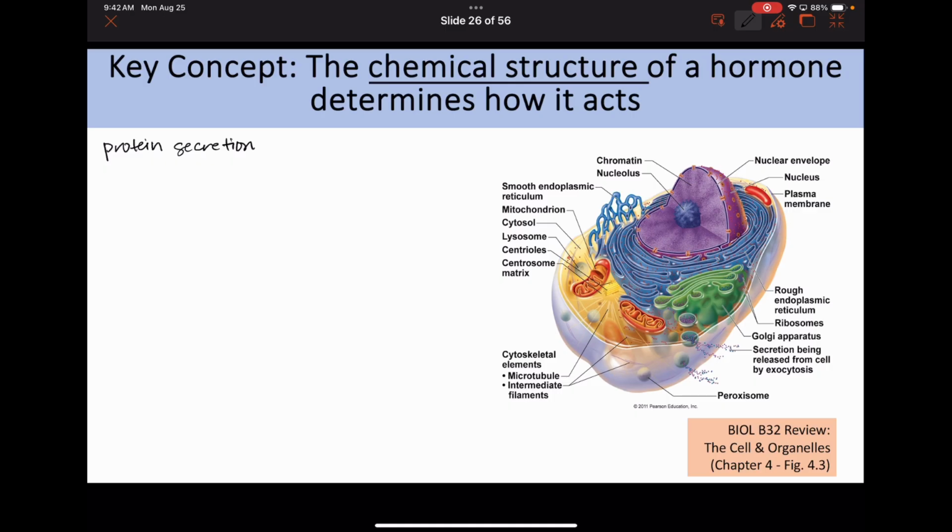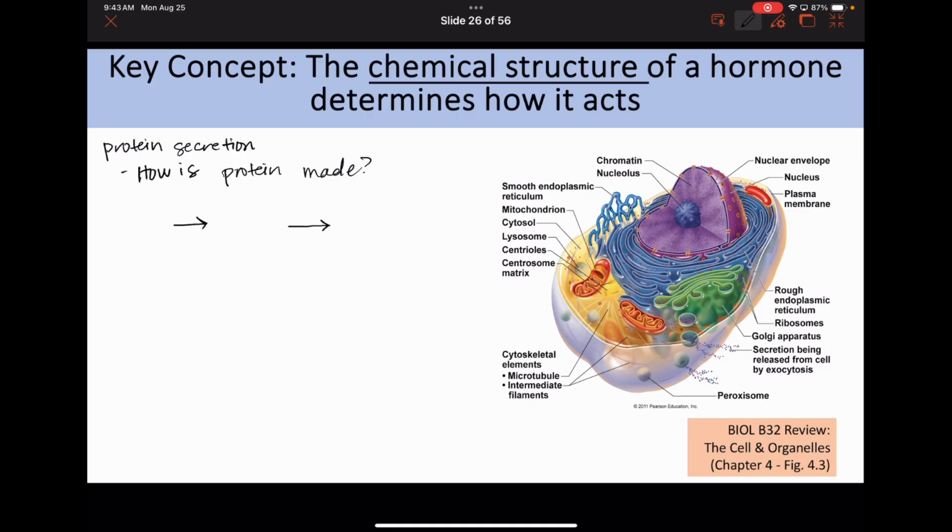All right, so protein secretion. How is protein made? Again, B32 review. There's something you learned in B32, which, depending on your professor, they may have referred to as the central dogma of biology or molecular biology, but it's the fact that genetic information goes from this form to that form and then a final form.